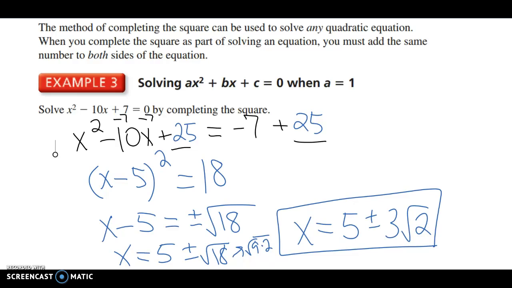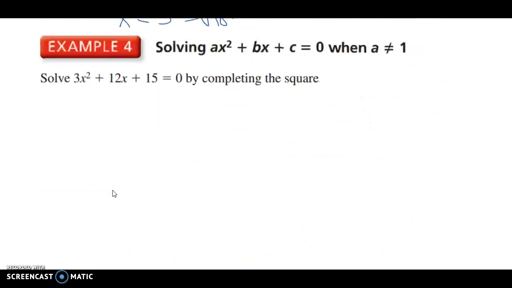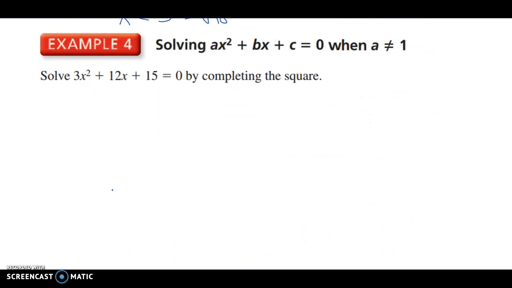Now let's take a look at example 4. This problem looks a little bit different because our a value is 3, not 1. But luckily, in this problem, we can factor a 3 out and get x squared plus 4x plus 5 equals 0.